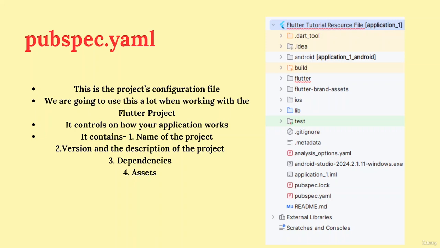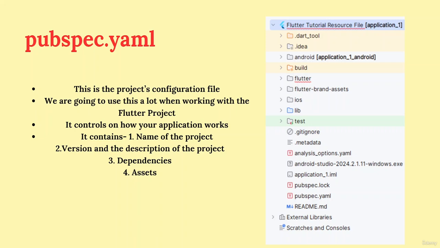If you have a project open, over here in the pubspec.yaml file we will be able to see the version and also the description of the project. From this file, we are also able to see the project dependencies and the project assets. Assets are like text files, and we will be able to see images over here.